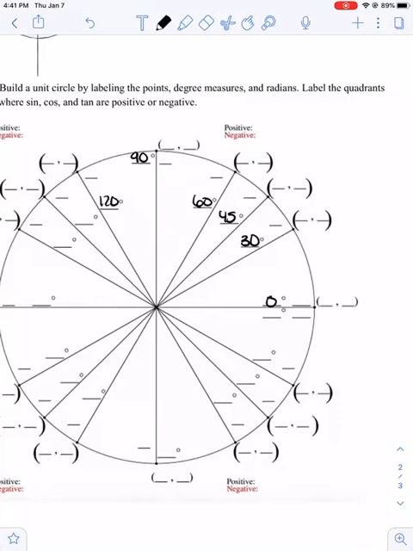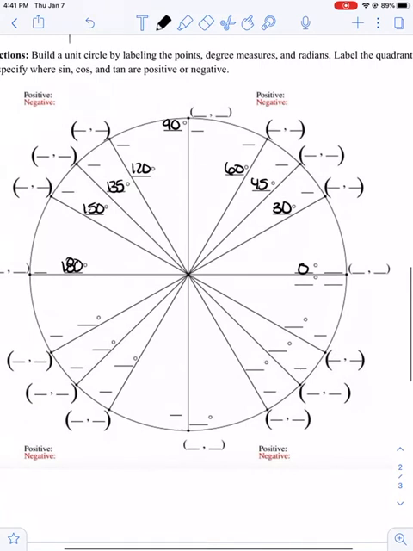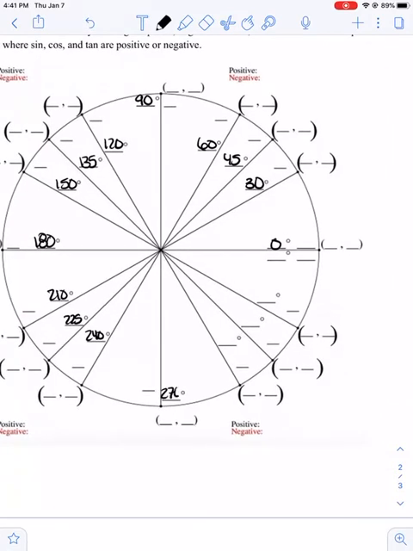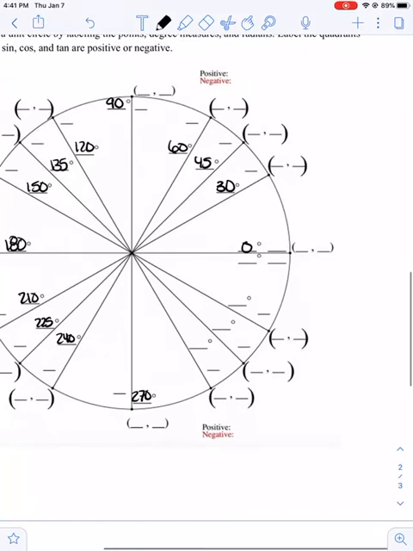This is 120, 135, 150, 180, 210, 225, 240, 270, 300, 315, 330, and then fully around is 360.